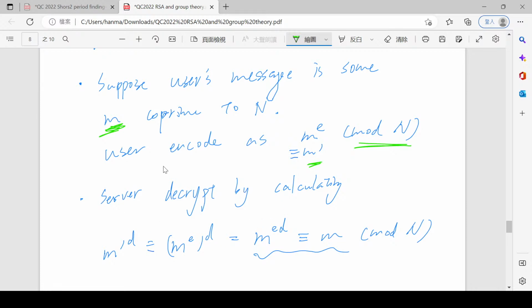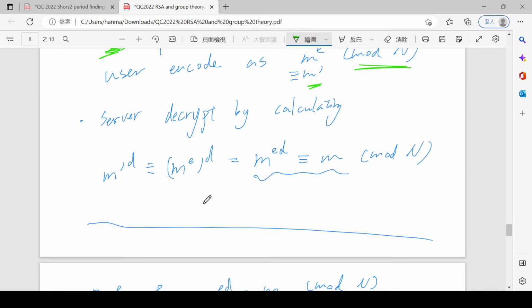And the server will decrypt by calculating M prime to the D, and everything is mod n.